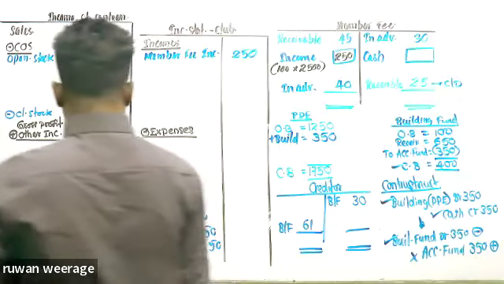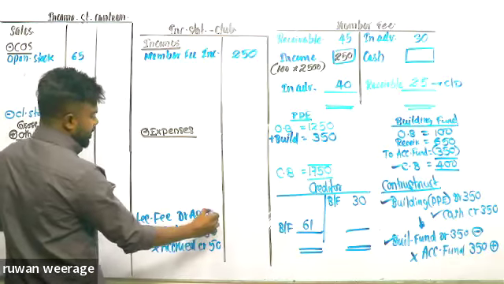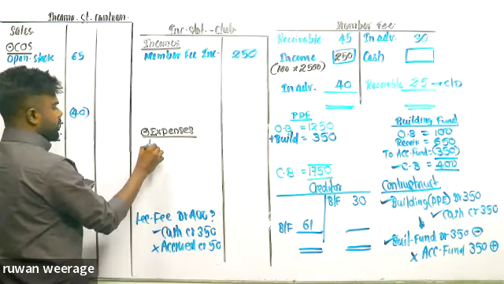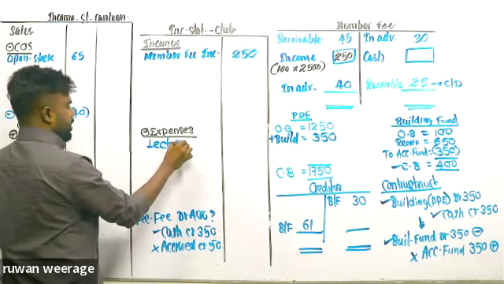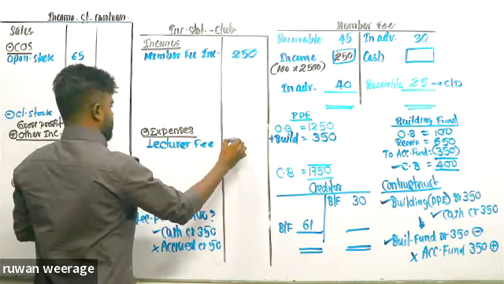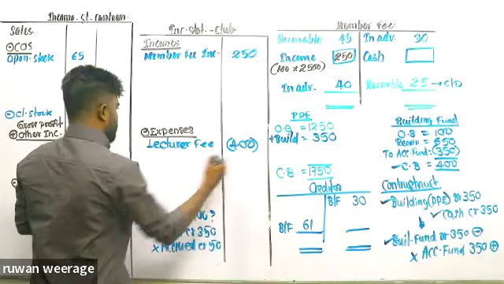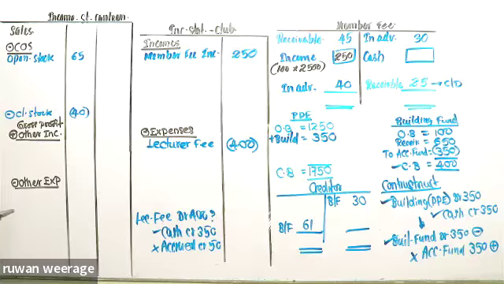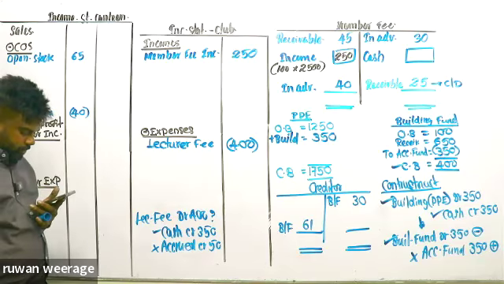They are already recorded. The debit is an expense recorded under expenses: lecturer fee 400. Clear?